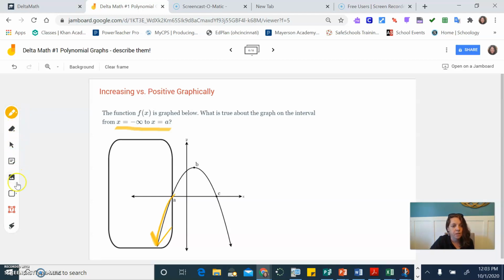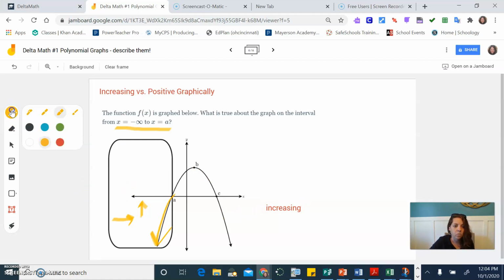So in that part of the graph, as you go to the right, if I was following this going to the right, I'd be going up, which makes it increasing. Increasing, up and to the right.